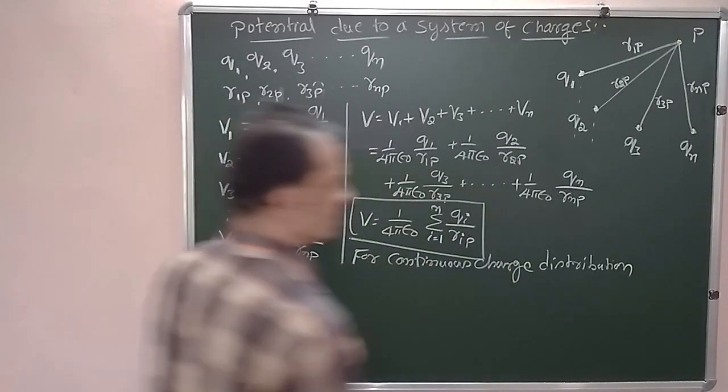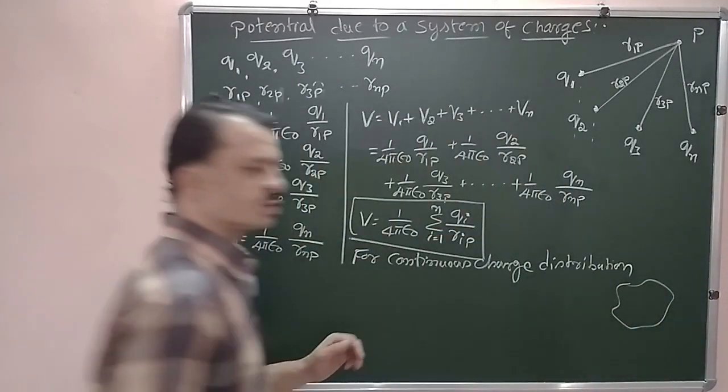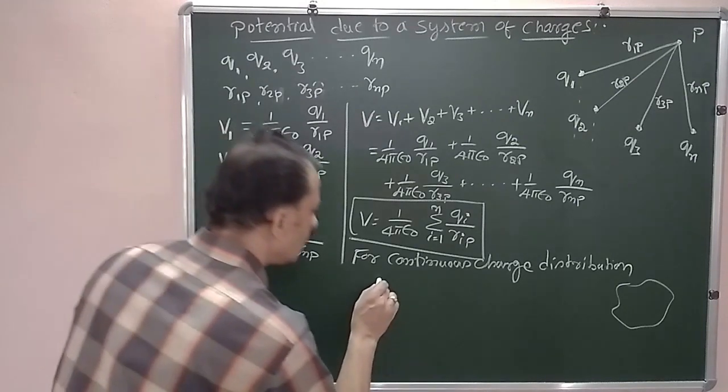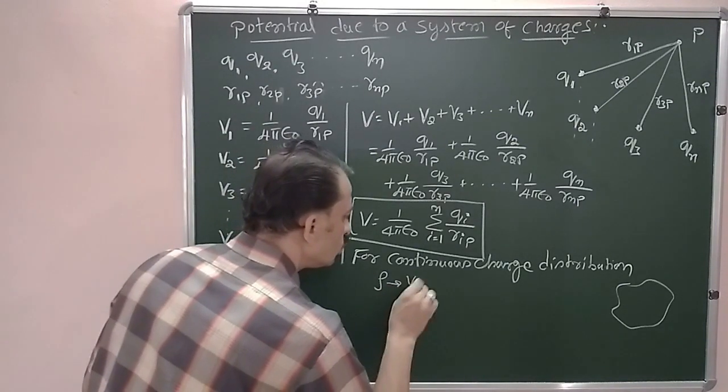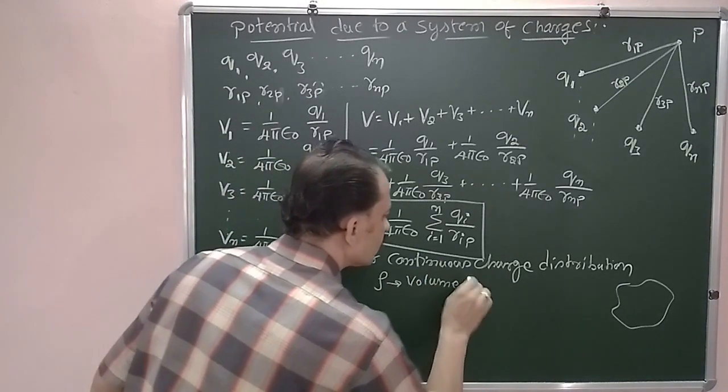Consider a region having a continuous charge distribution. Let rho be the volume charge density.